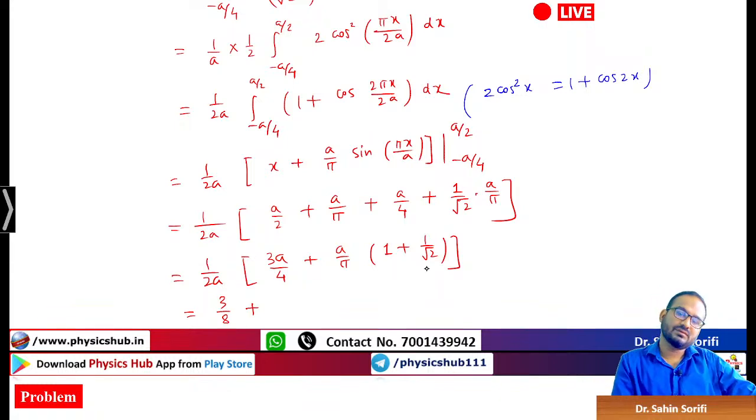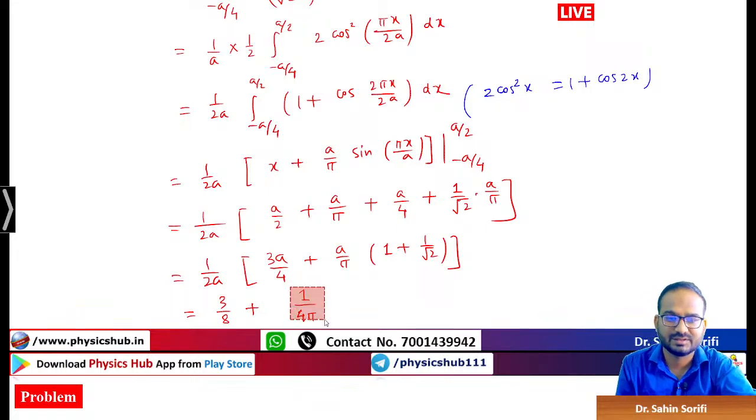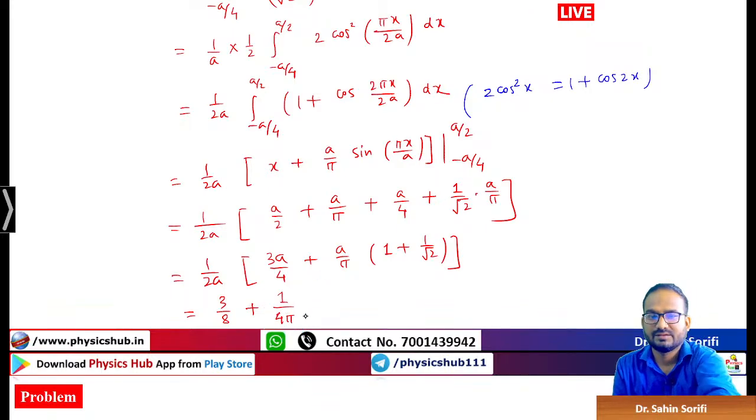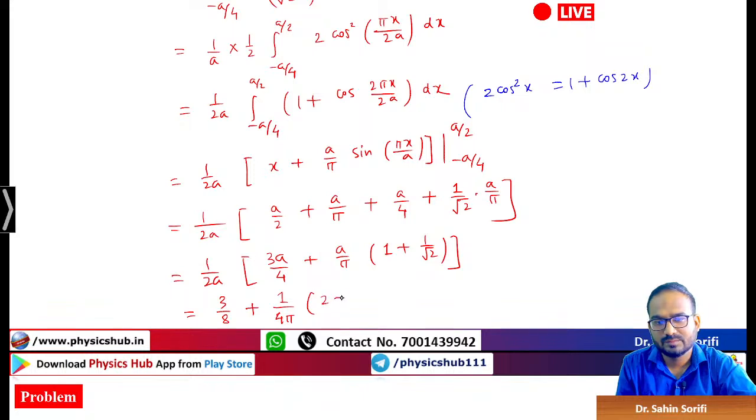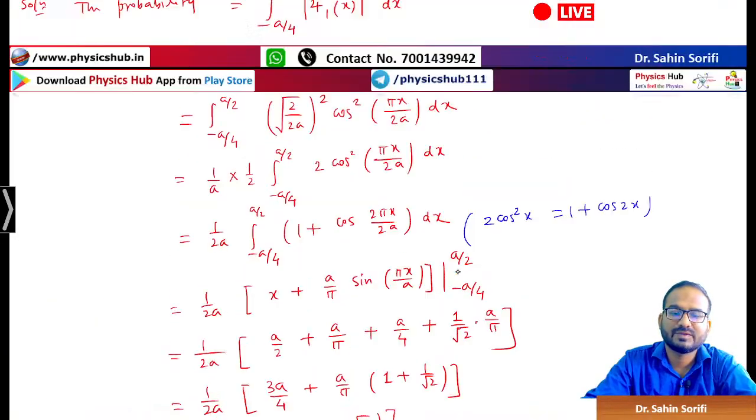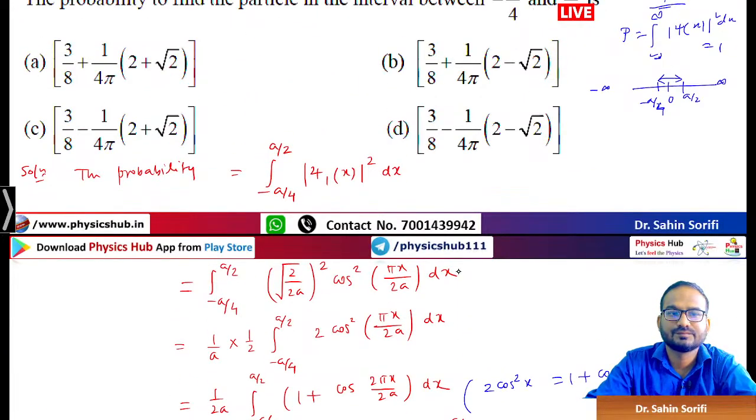If you multiply by 2 on both numerator and denominator, this will become 4 pi. So 2 into 1 is 2, plus 2 by root 2 is root 2. Now I think it is matching with some of the options: 3 by 8 plus 1 by 4 pi, 2 plus root 2. Option A.